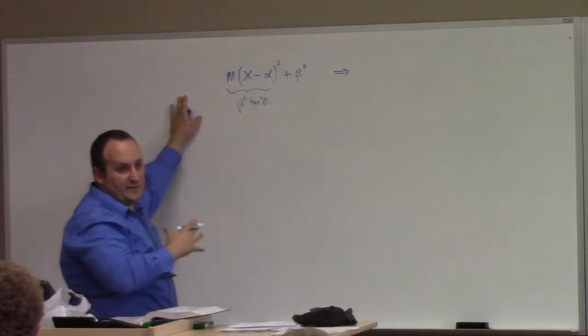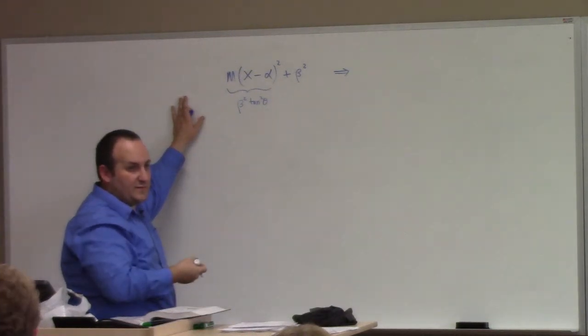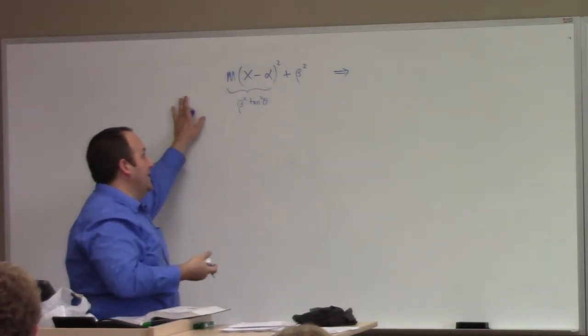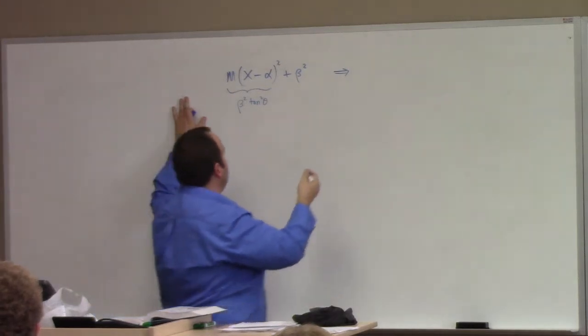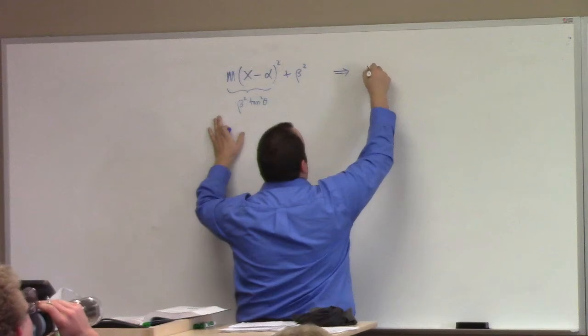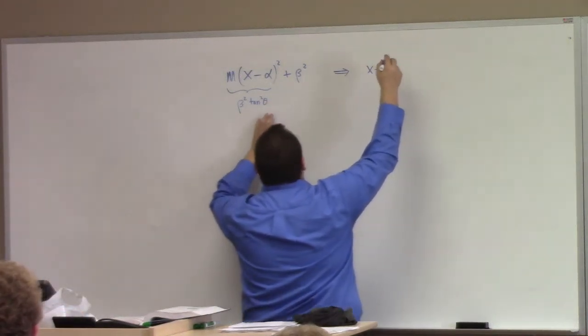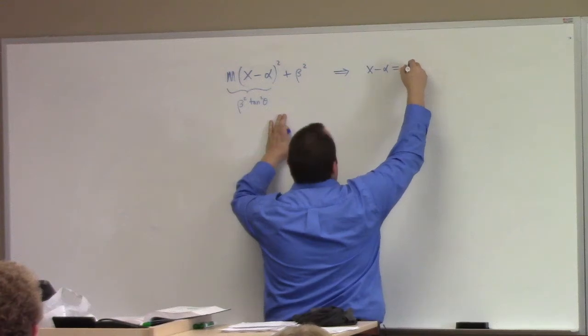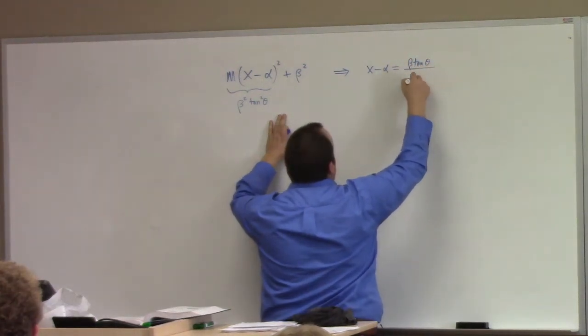Because then I'll have beta squared tangent squared theta, and that'll allow me to extract a secant squared theta from that. So with that in mind, the substitution I want would be x minus alpha equal to what? It looks like beta tangent theta over the square root of m.